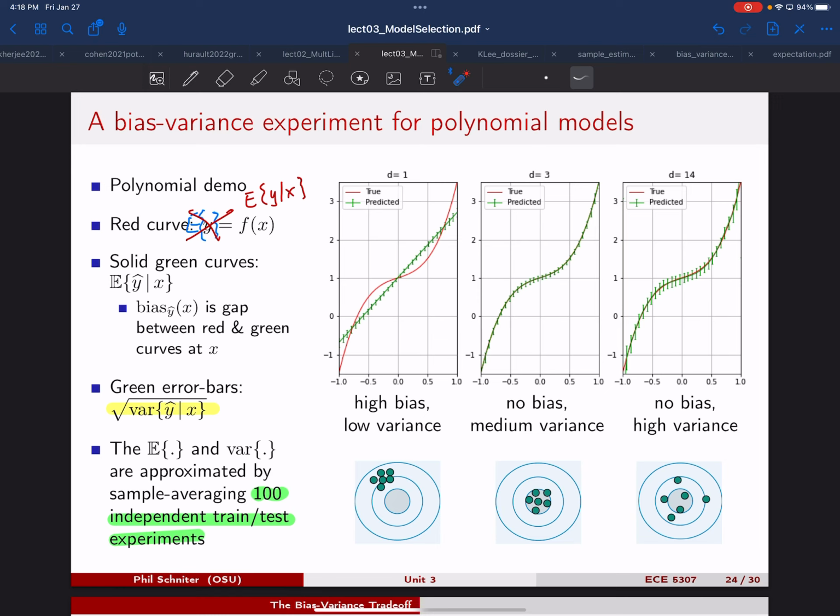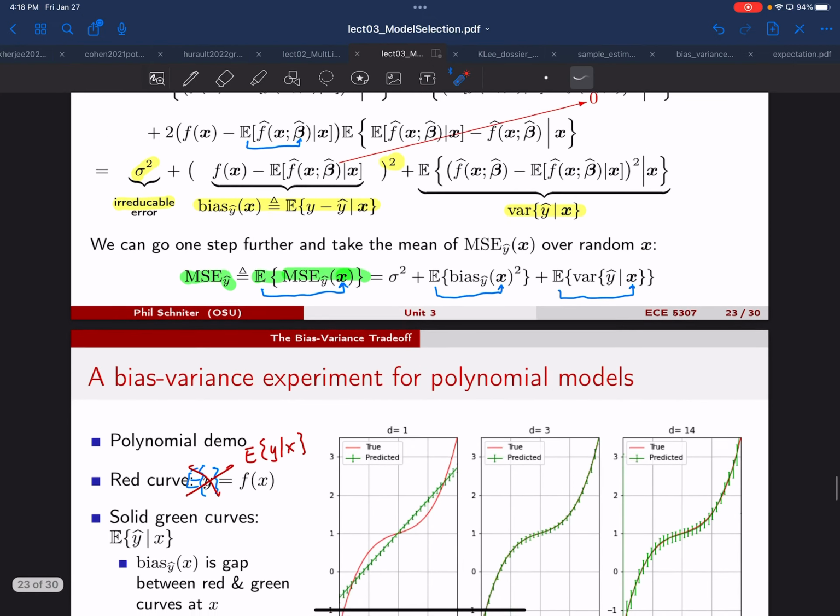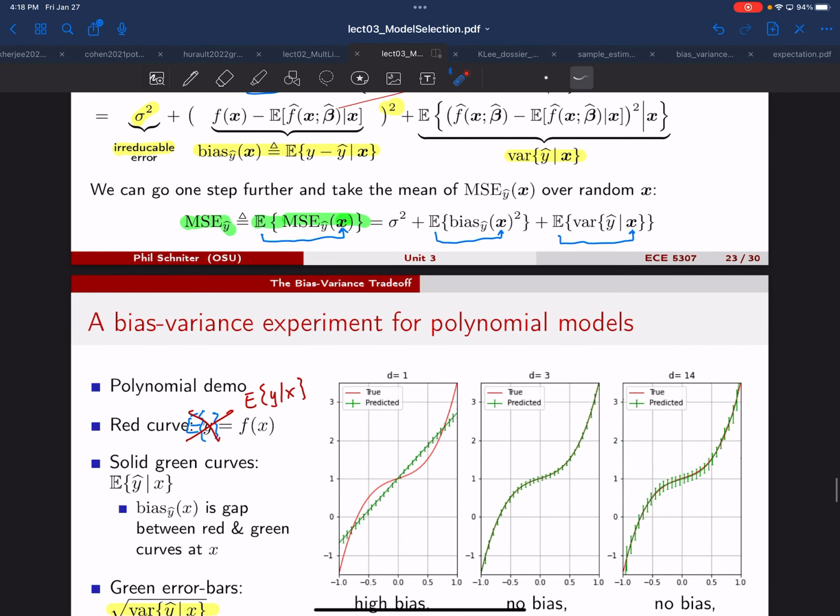And it would be that always, without any exception, at which point our mean squared error would simply be the irreducible error. Okay. But that's not what's happening here in any of these cases. So in the first case, this is when we choose a model order of 1, which, as we know, means a linear model, or a line, regression line.